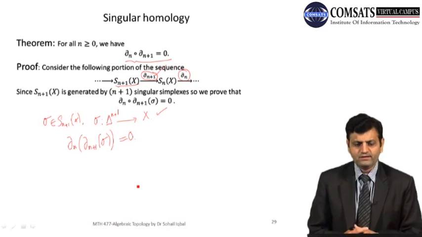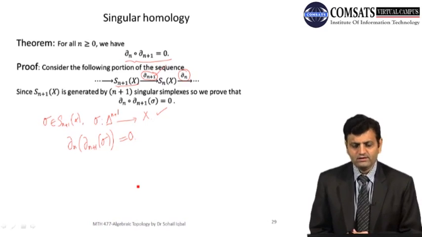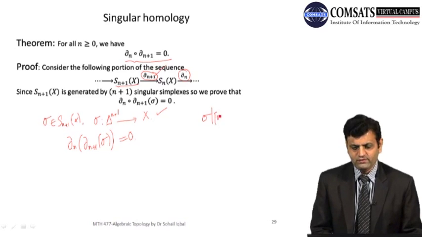As many of you can remember, we have done a similar proof in simplicial homology. Over there we didn't use the notation sigma restricted to v0 up to vi, excluding this and going to vn.